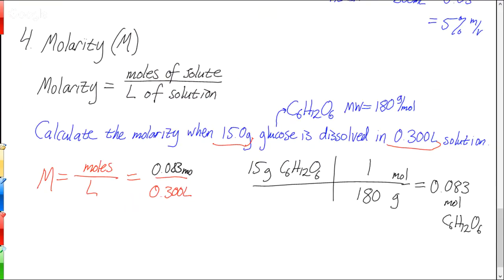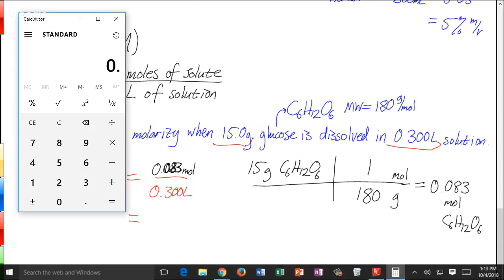0.083 moles per 0.3 liters. So our molarity is 0.083 divided by 0.3.